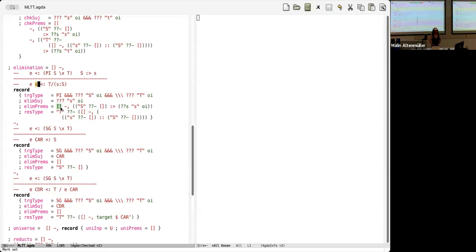Then same deal: I have to give a bunch of premises which cover all the things in this eliminator. In particular, I have to say how to type check S, and I check that little s lives in big S. And then I give an expression which says how to compute this result type.